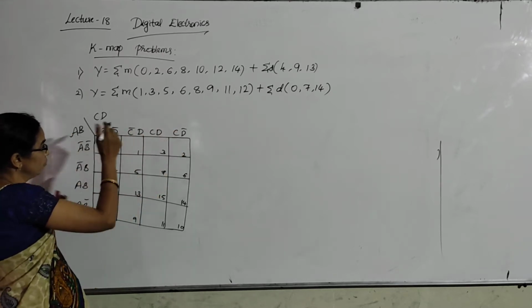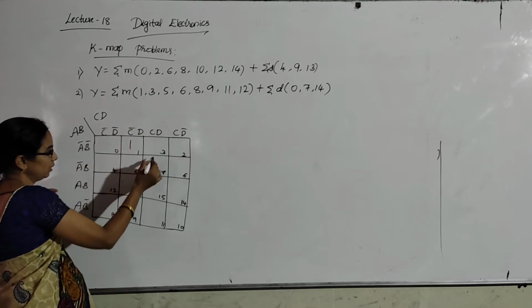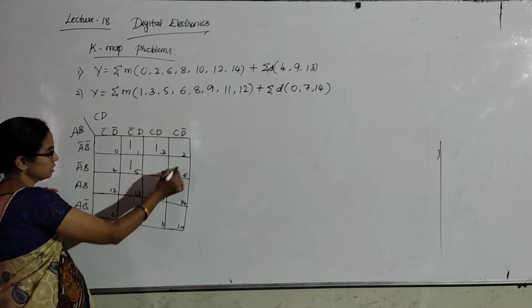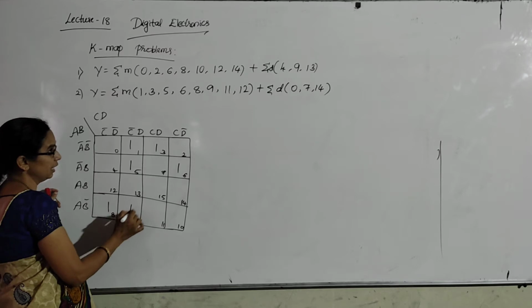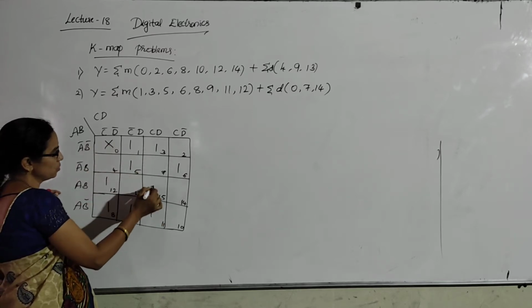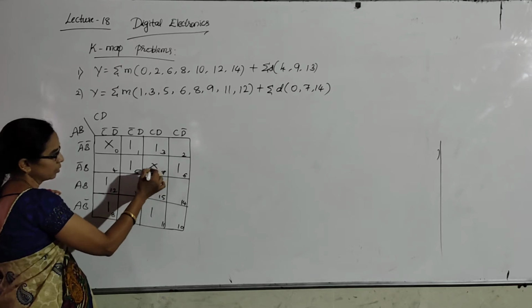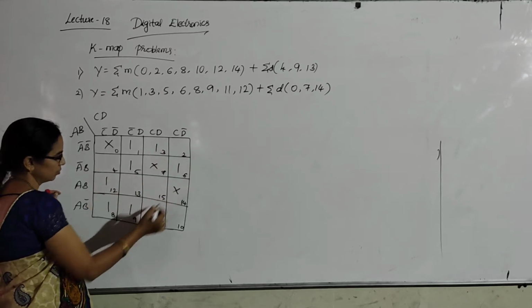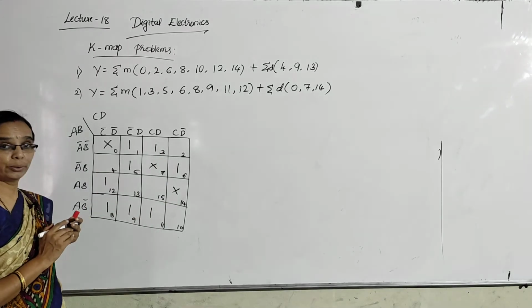So the ones are 1, 3, 5, 6, 8, 9, 11 and 12, and don't care conditions are 0, 7 and 14. Now how to make groups?